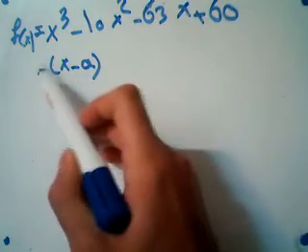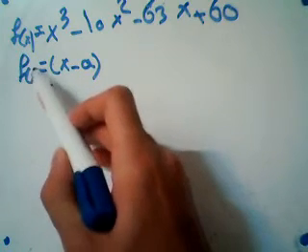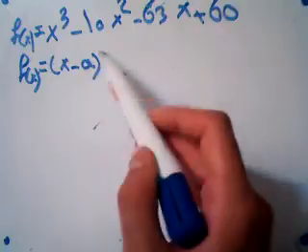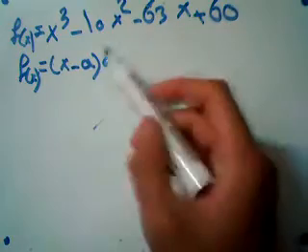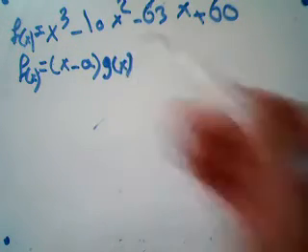So here, if a makes it 0, x minus a is a factor of it, and this would be equal to x minus a times g of x, another polynomial.